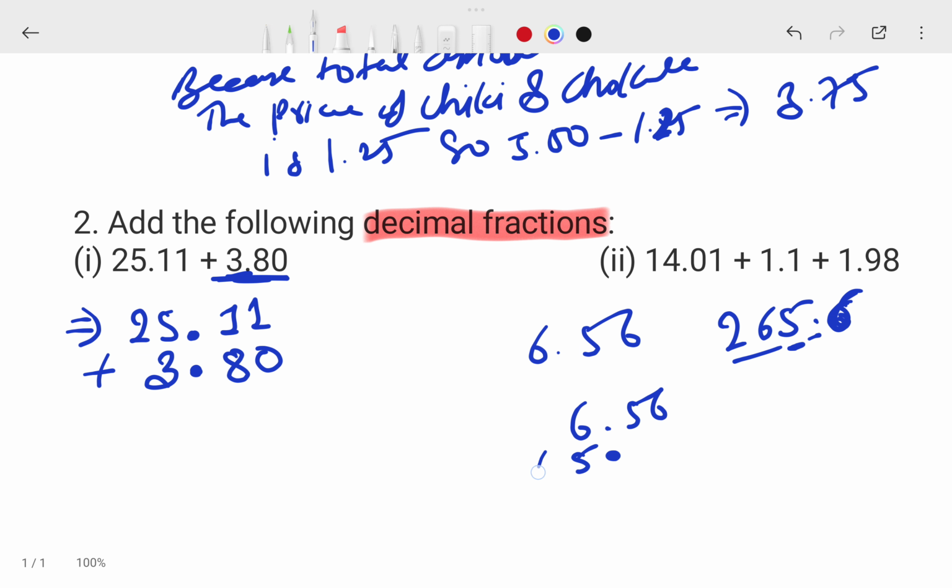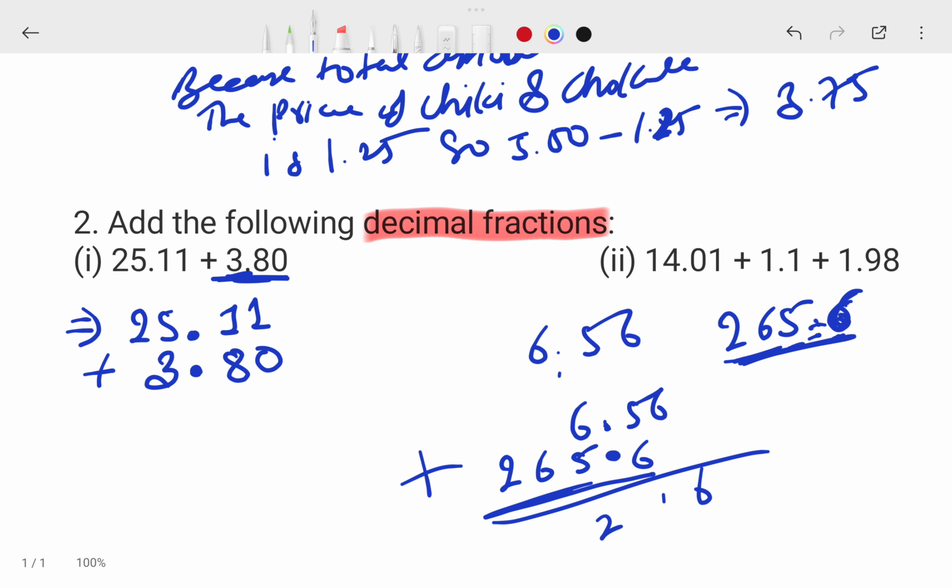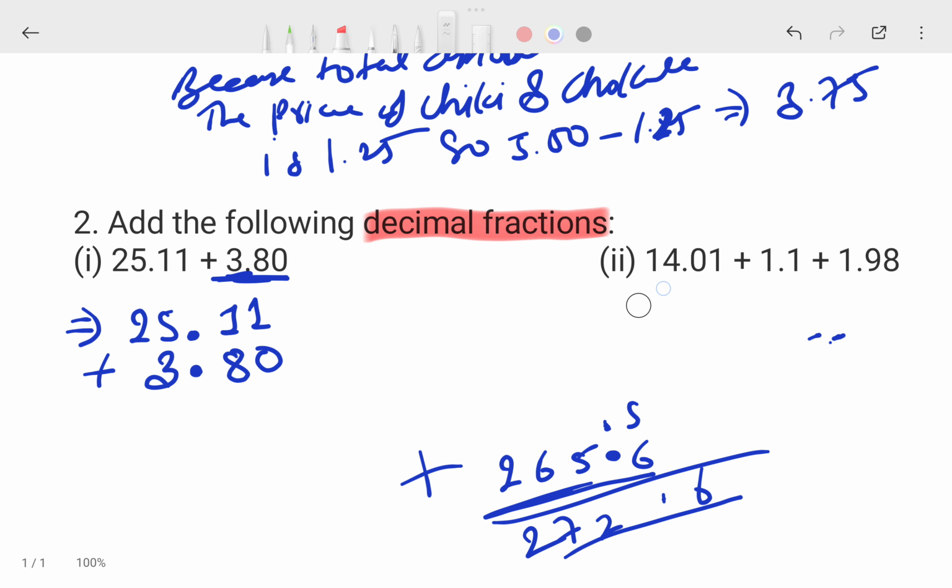Then write 6 and 2 the same as they are. After the point, whatever number, write like that only. After the point here, this is 6, write 6. This number is over. Now simply add this one: 6, 11, 1, 12, it is going to be 7 and 2 something. We have to do it like that.